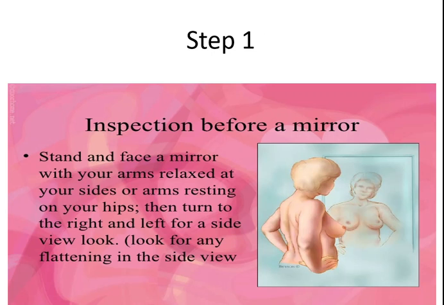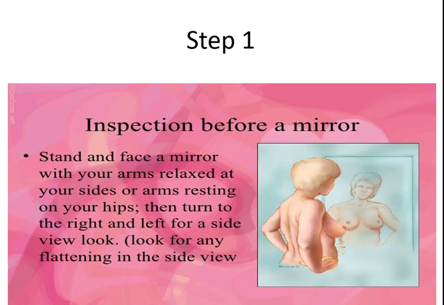The techniques followed are mainly two, inspection and palpation. In each and every examination, first we need to do inspection, then we can go for palpation. So, inspection before a mirror. The woman should stand and face a mirror with the arms relaxed at her sides or resting on her hips.